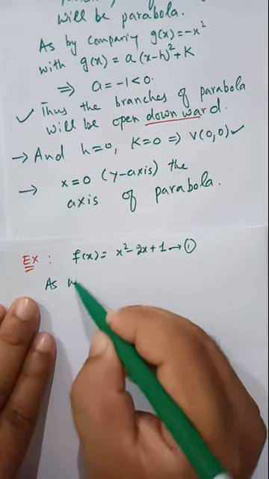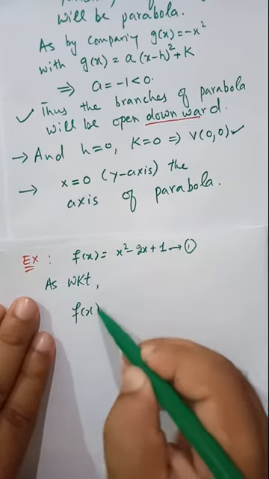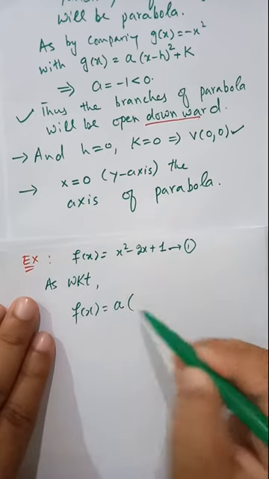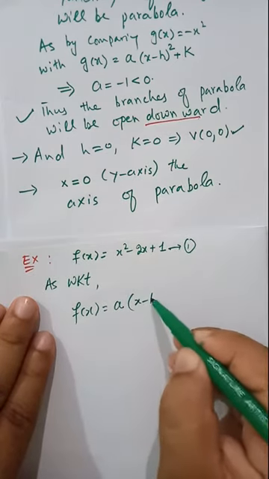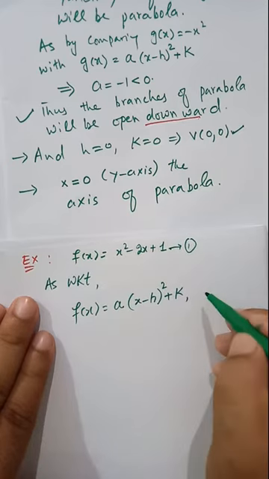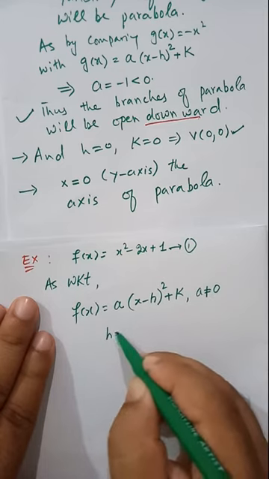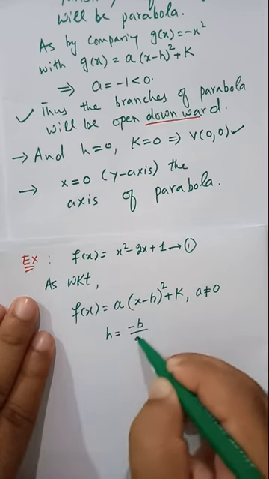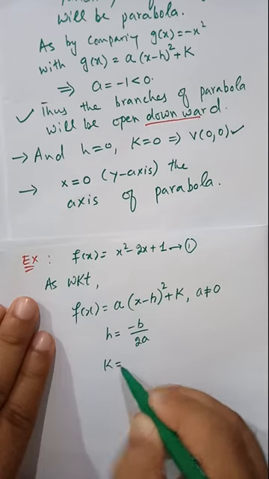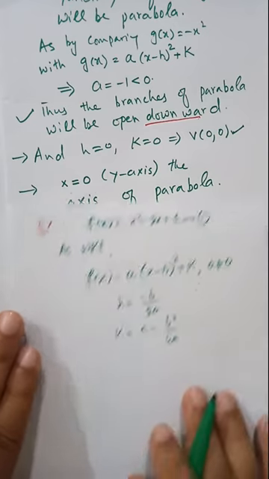We know that f of x is equal to a times x minus h whole square plus k, where a is not equal to 0, h is equal to minus b divided by 2a, and k is c minus b square divided by 4a.